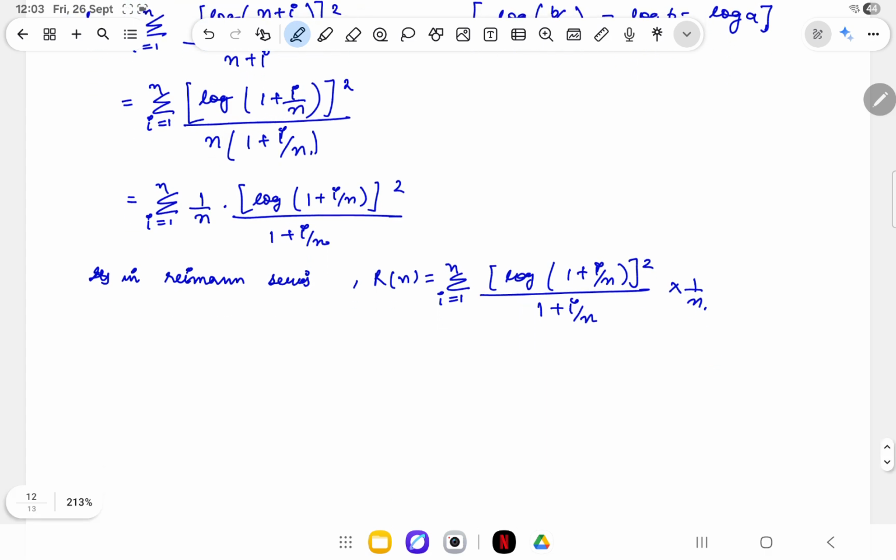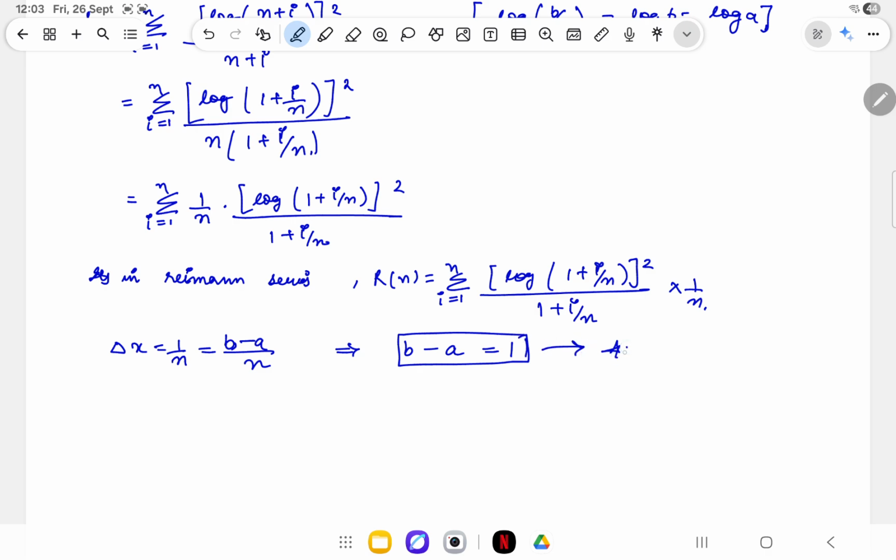Now if I compare it with that, I'll get my del x as 1 by n, and that is basically equal to b minus a by n. So from here I got b minus a is equal to 1. So it is relation 1, let's name it as star.